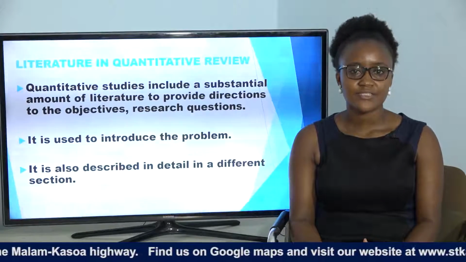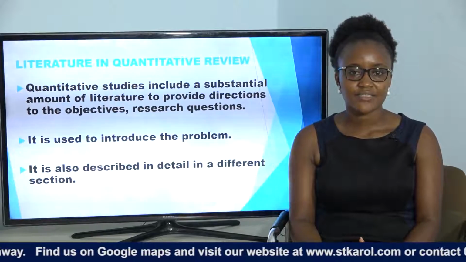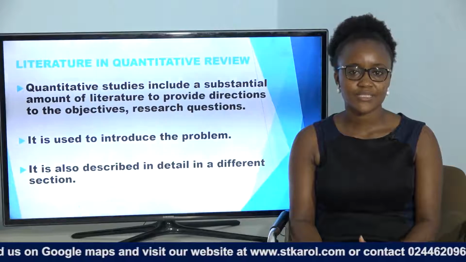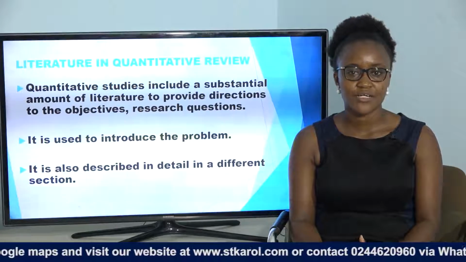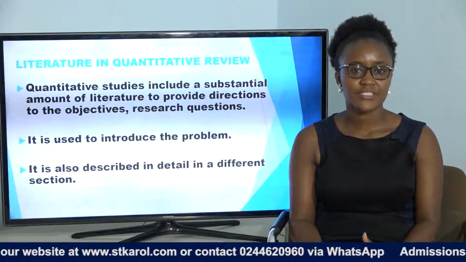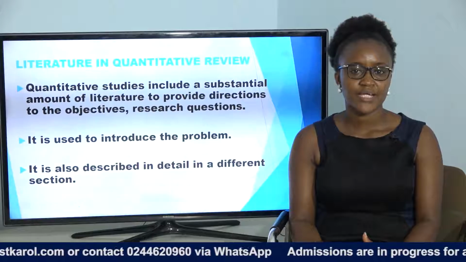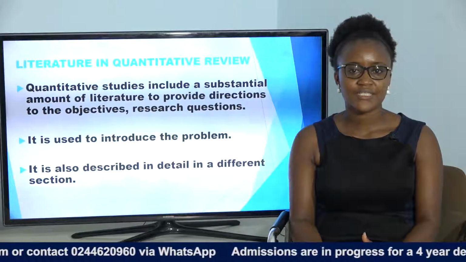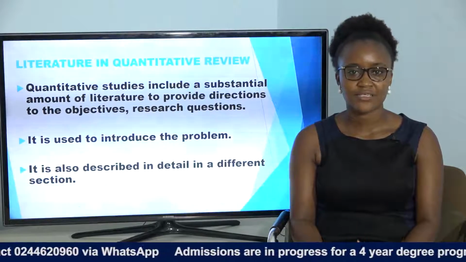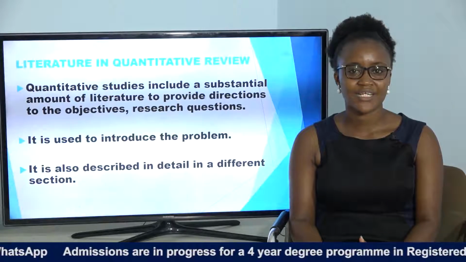Then literature in quantitative studies. Quantitative studies include a substantial amount of literature to provide directions to the objectives and the research questions. It is used to introduce the problem, and it is also described in detail in a different section. Quantitative studies depend a lot on the literature.